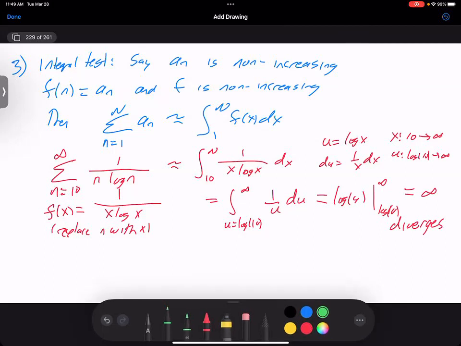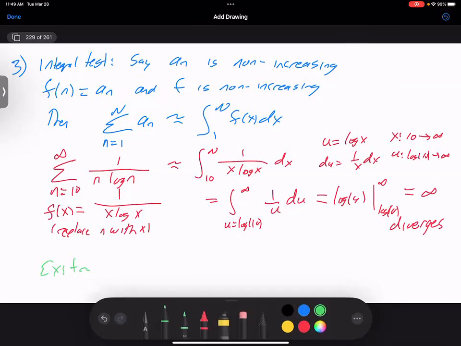As a nice exercise, try the sum n goes from 10 to infinity of 1 over n log of n squared, and you'll get that this converges. That's a really good exercise for you to see if you can figure out how to generalize the integral test. And it's telling you that there's not that much of a difference sometimes between a series that converges or diverges.